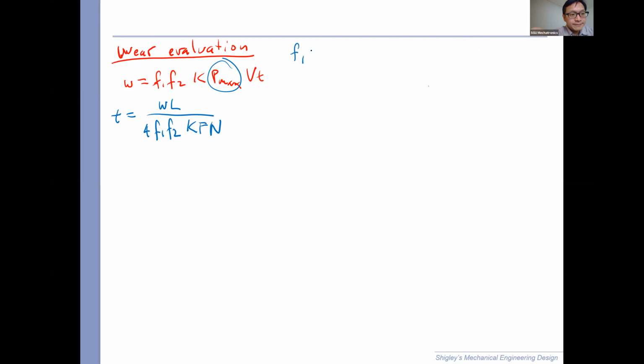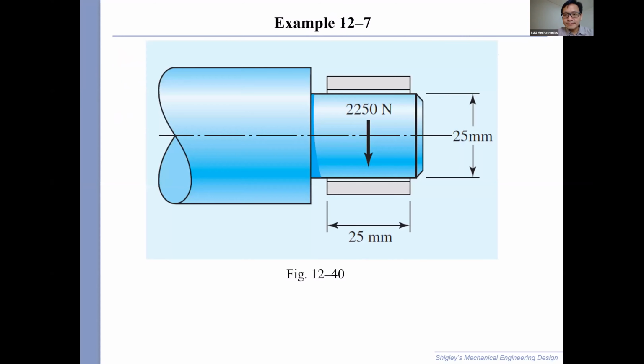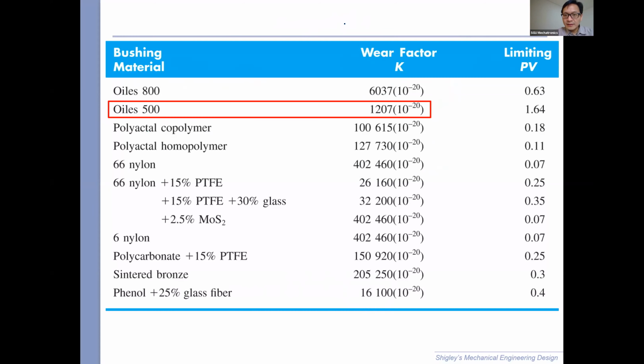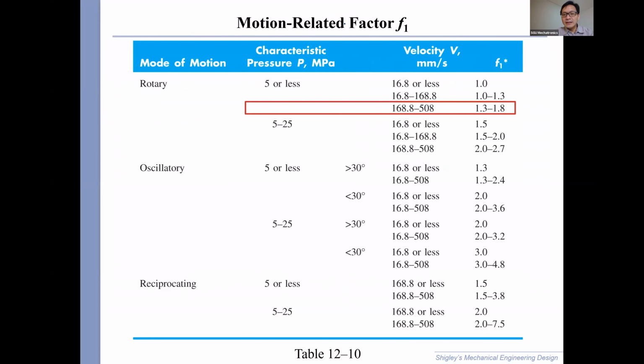Now F1 is determined based on P average and, what was it? Velocity, yeah. Here, my P average. Did we calculate that? No, we didn't. Okay, so P average is F divided by DL.